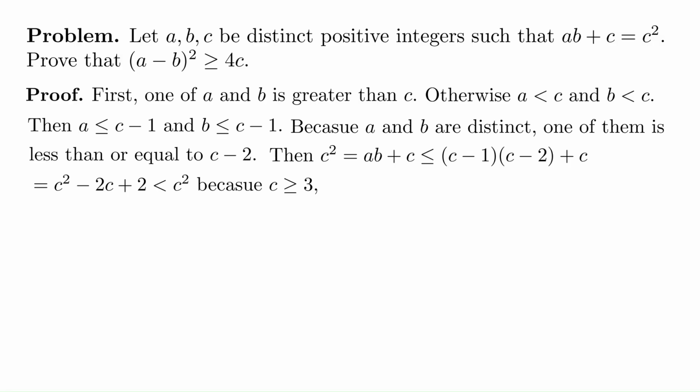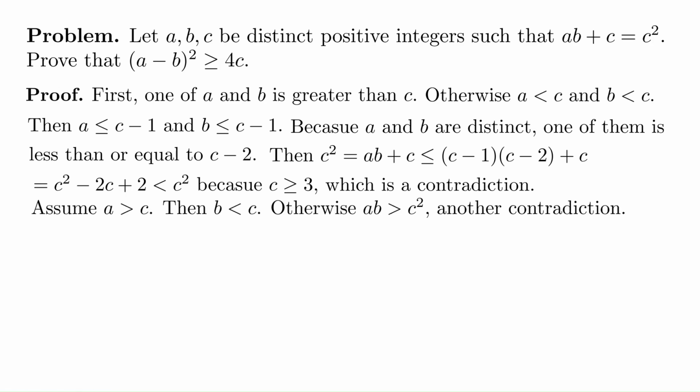So c is at least 3. Therefore, −2c + 2 must be a negative number. Now we have c² is strictly less than c². That is a contradiction.